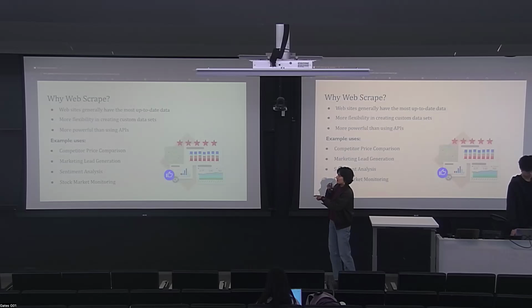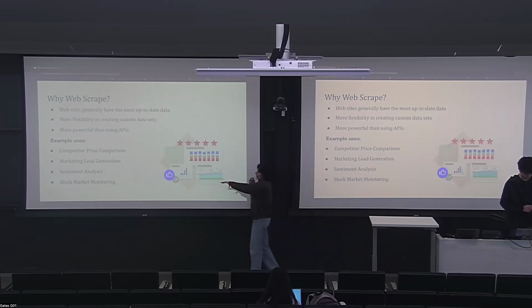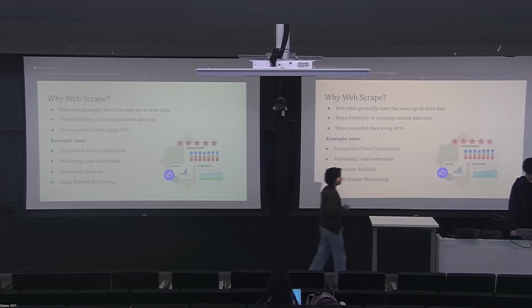That's where web scraping comes in, because you can find any site with any data from any time period and just scrape the data you need. These are some use cases of what you can do with it. I know for Info 1998, you have a final project, and it could be helpful to web scrape your data instead.